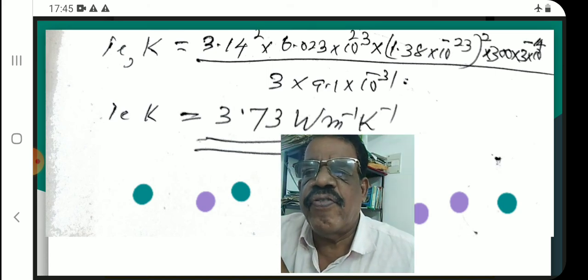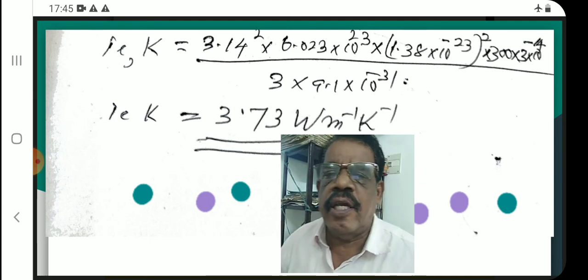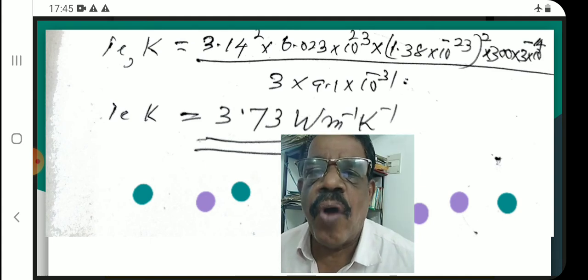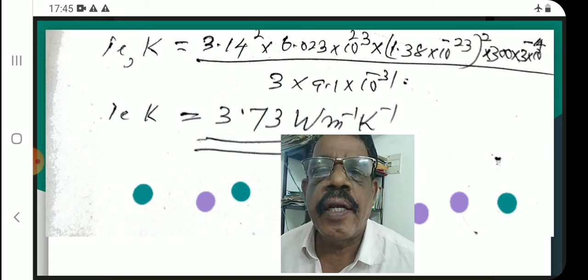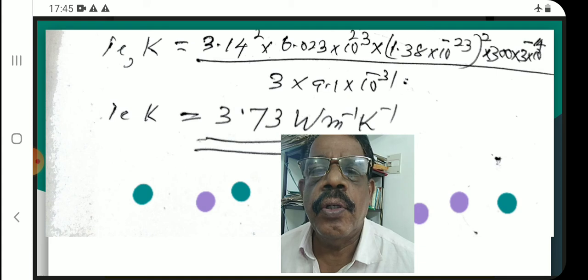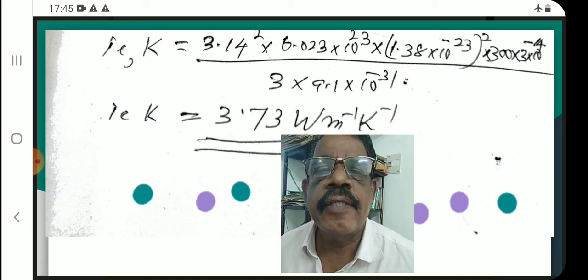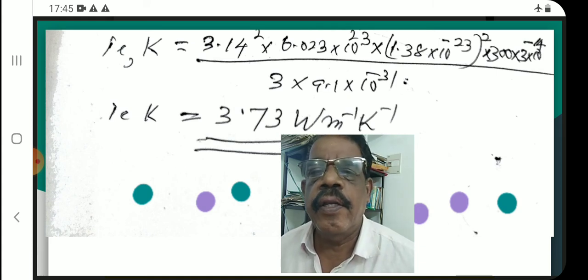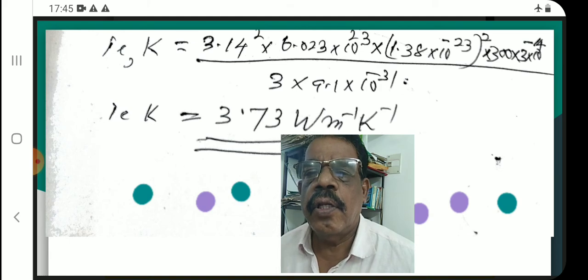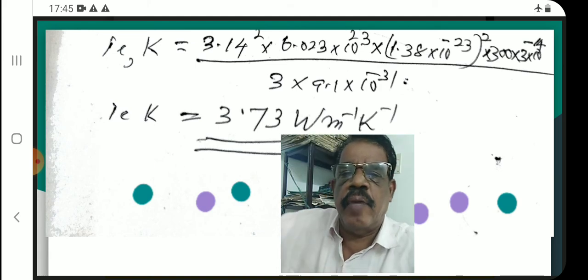That is 3.14 square into 6.023 into 10 raised to 23 into 1.38 into 10 raised to minus 23 whole square into 300 into 3 into 10 raised to minus 14, by 3 into 9.1 into 10 raised to minus 31.